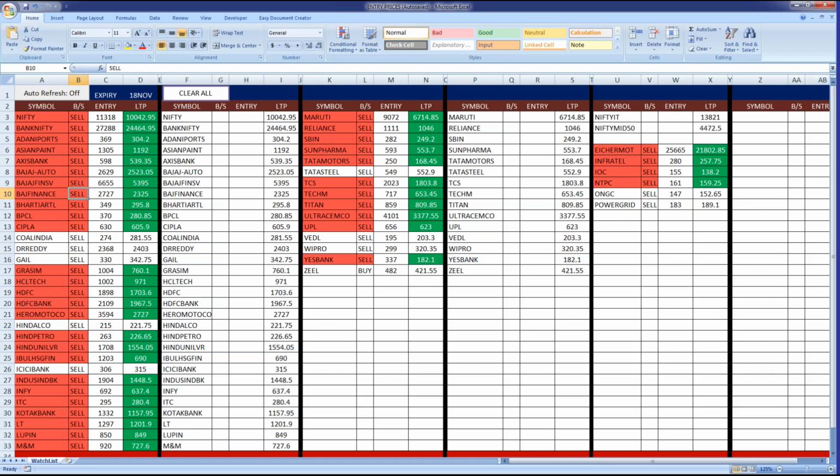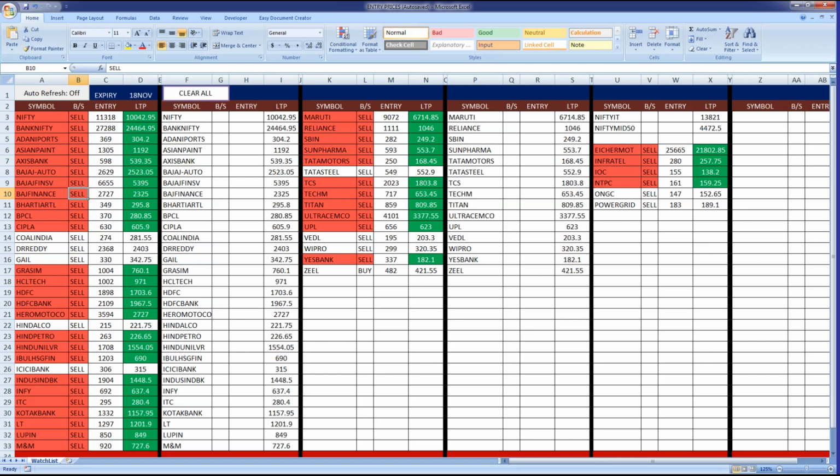So basically, what we do is we trade only in the Nifty 50 scripts initially for the intraday, and we do the non-Nifty 50 F&O scripts only, the futures and options scripts. And in that also, we are very choosy.